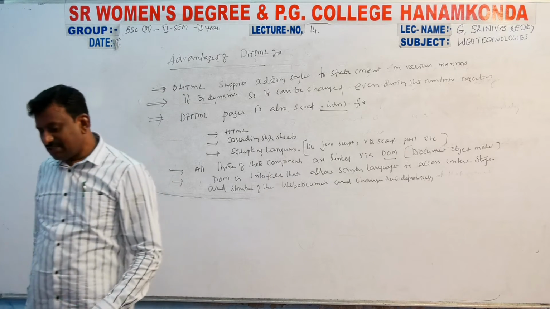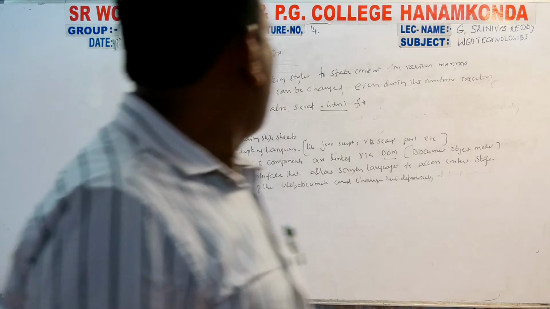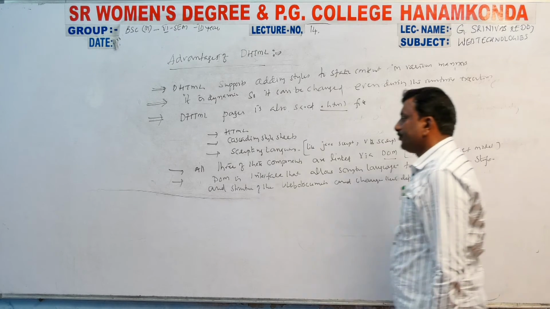DHTML is a combination of HTML, CSS, cascading style sheets, and scripting language. There are many scripting languages, like JavaScript, VBScript, Perl, etc. All three of these components are linked via DOM, the Document Object Model.